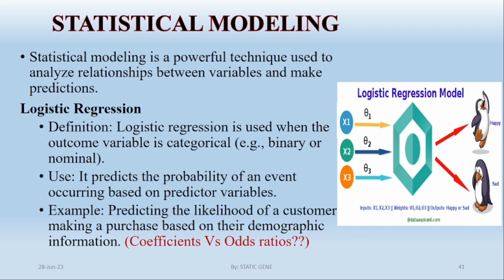It predicts the probability of an event occurring based on the predictor variables. So you'll always see it reporting things like the coefficient versus the odds ratio, depending on what you exactly need.